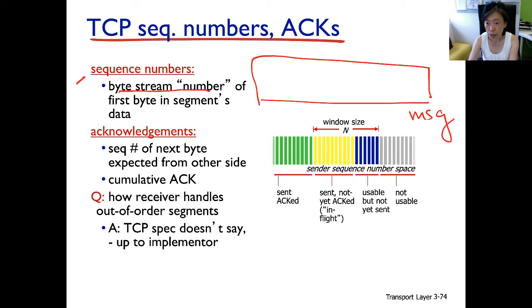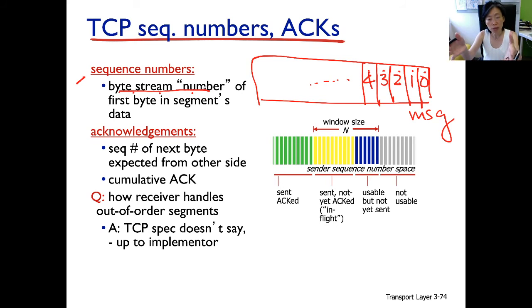Now, as it's pretty long, each byte can be indicated in sequence by a byte stream number. So this is byte 0, byte 1, byte 2, byte 3, byte 4, and so on and so forth. These serial numbers are the byte stream numbers.